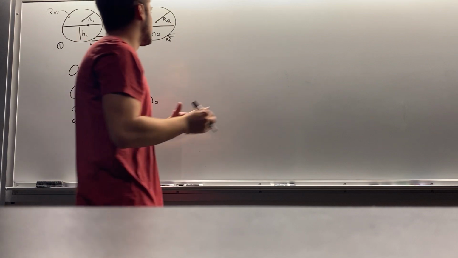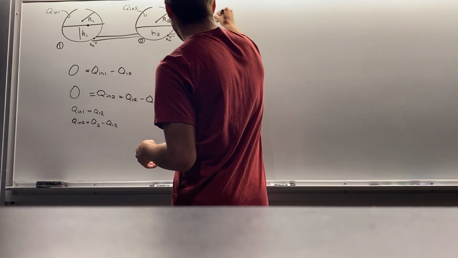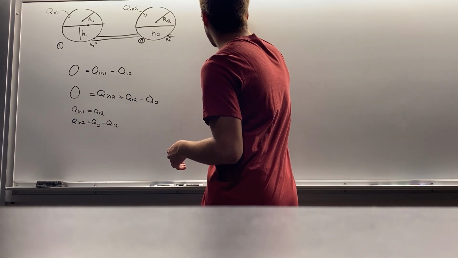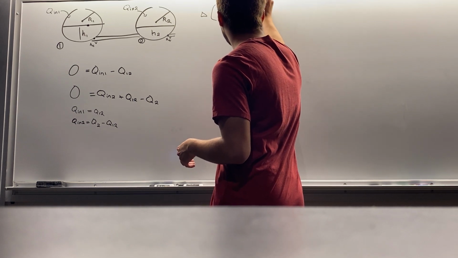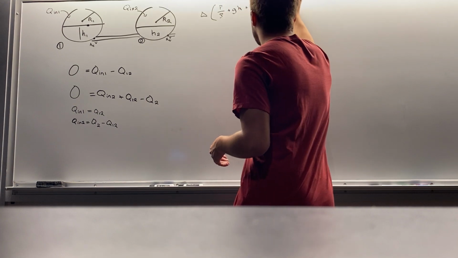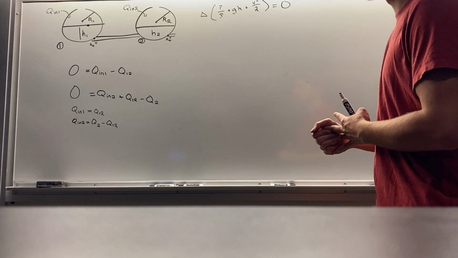Using 2 points, we're going to use Bernoulli's equation, so our change in our energies, so P over rho plus gH plus V squared over 2 is going to be equal to 0 because we're at a steady state, so we have no change in energy at these points.